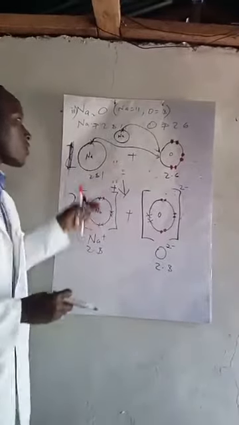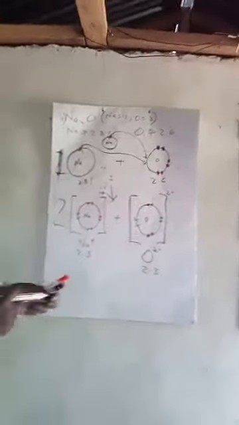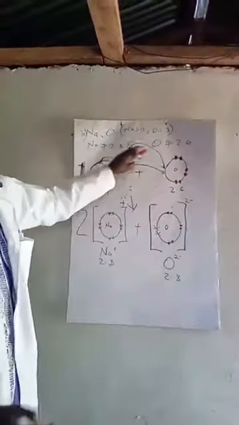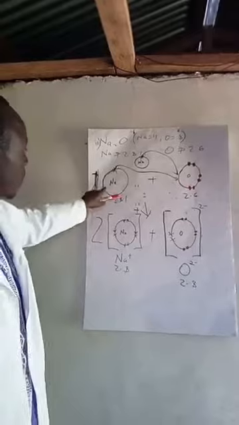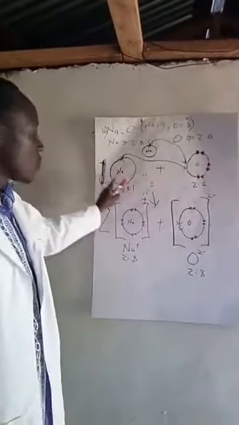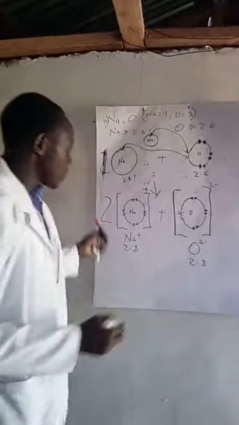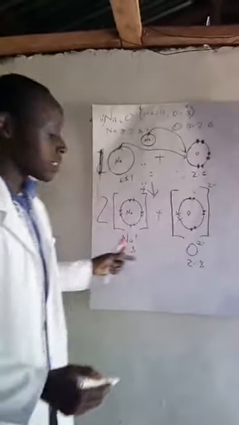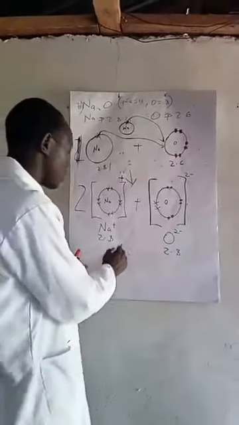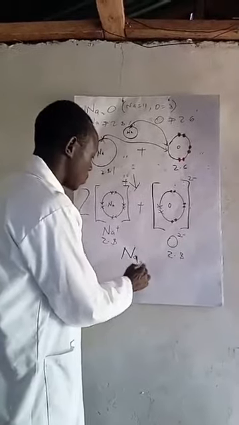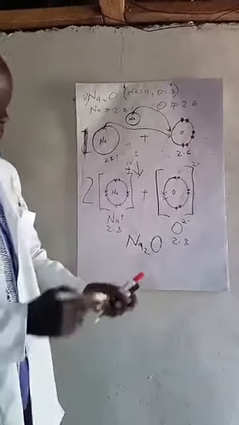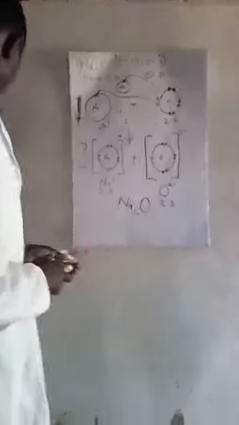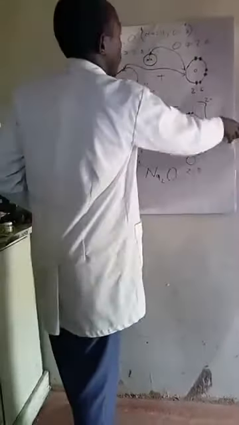Because drawing takes a lot of time, you just write 2 to show that for every 1 oxygen you require 2 sodiums. That is why you write it as Na2O, to show that for every 1 oxygen you need 2 sodium atoms. So that is it.